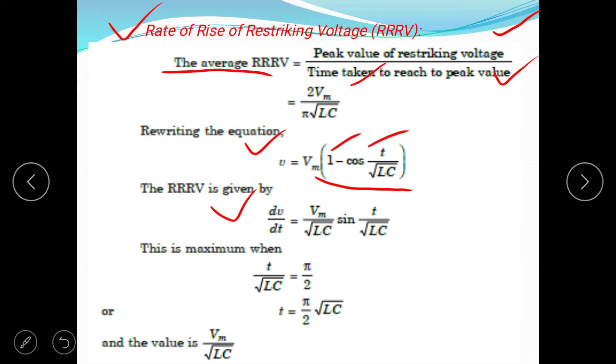Or if there is cos omega t, then the differentiation is equal to minus sin omega t times omega, where omega is 1 upon under root LC.